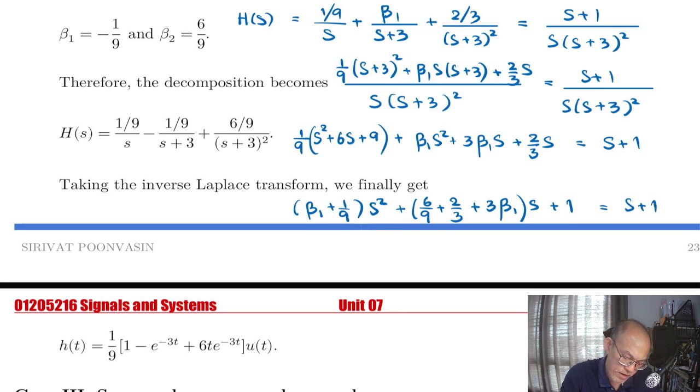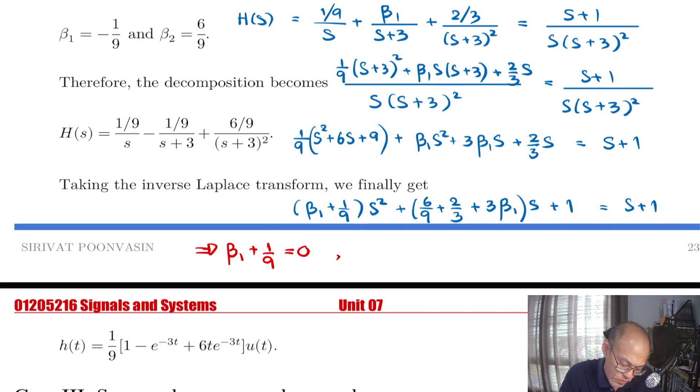Now I can compare the coefficients. I see 1 is equal to 1. That is checked. And I know that because on the right hand side there is no s squared, right? So this term has to be equal to 0. So I know that beta 1 plus 1/9 has to be equal to 0.